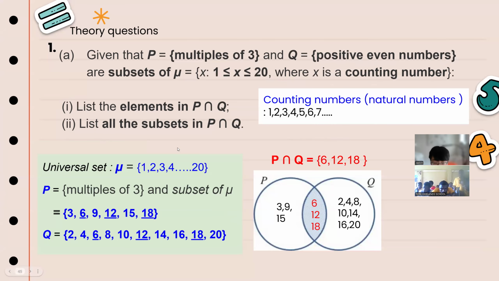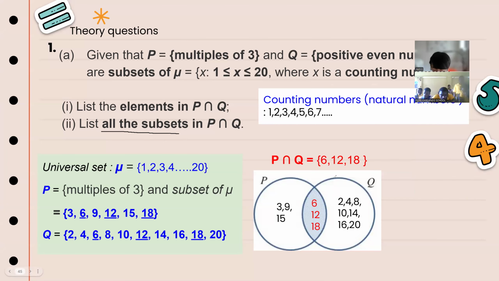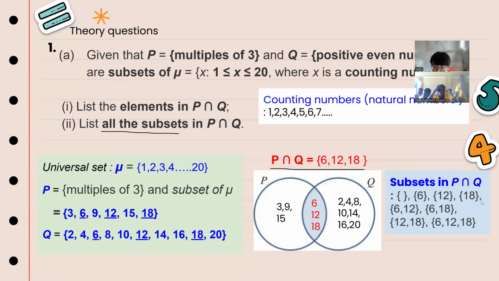Let's look at number two for today. List all the subsets in P intersection Q. So it says list all possible subsets. How many subsets can we get out of this one? We can get all these types of subsets in P intersection Q. We can have a subset of nothing inside it.